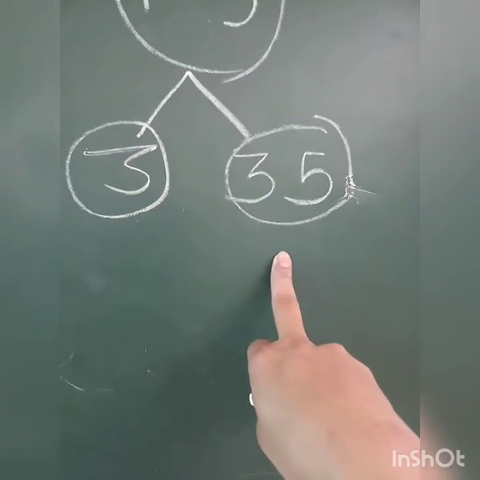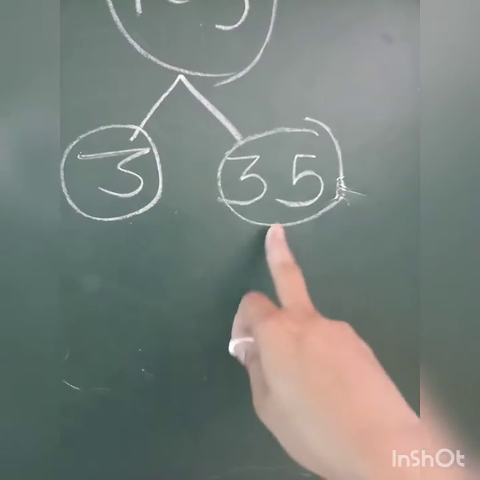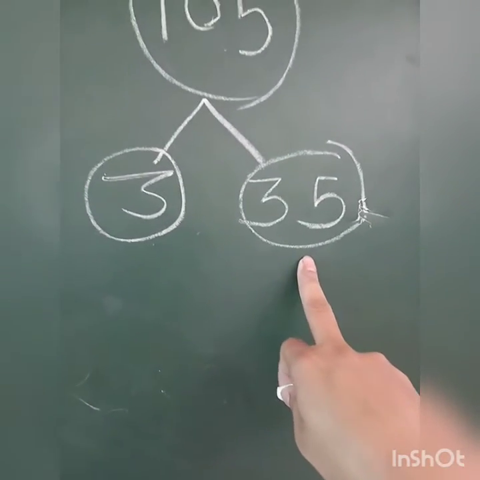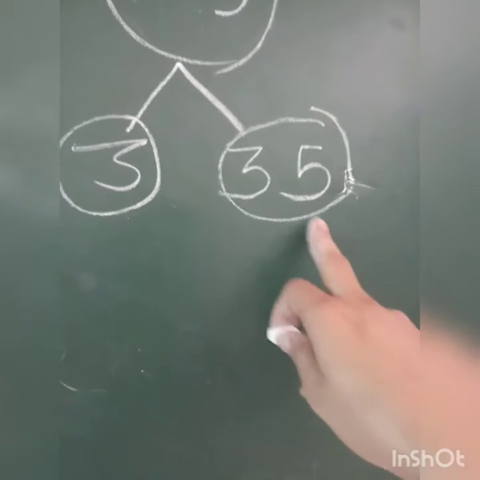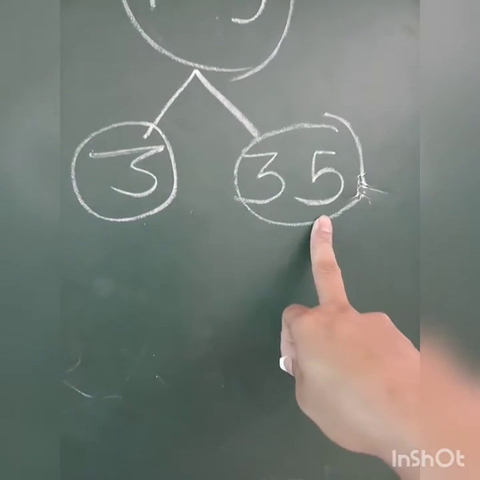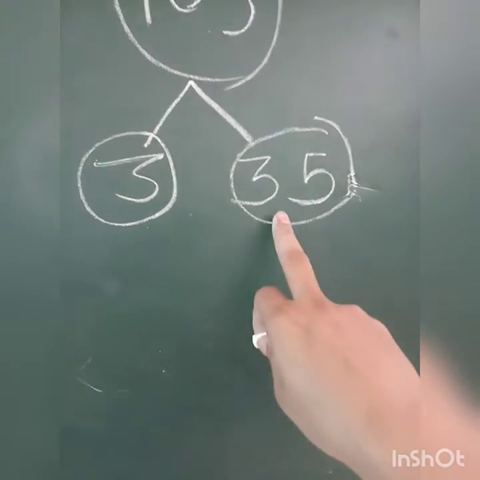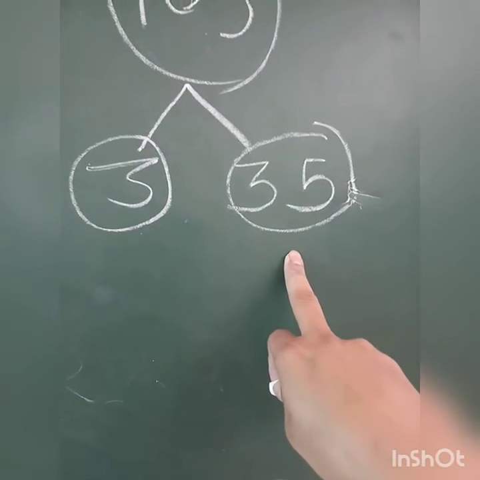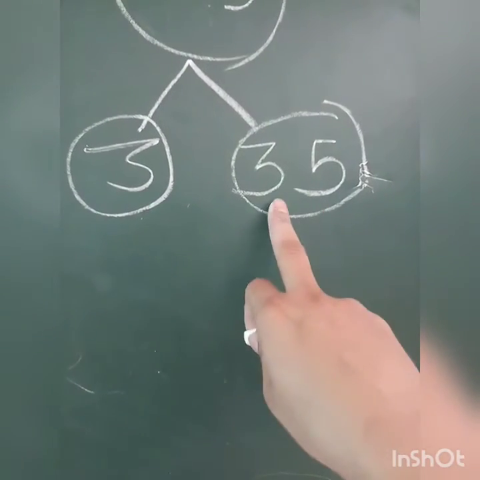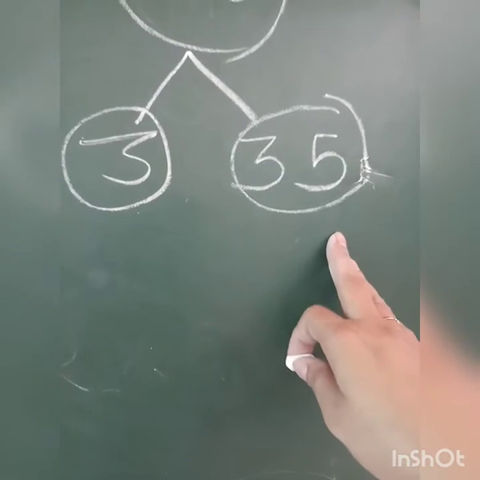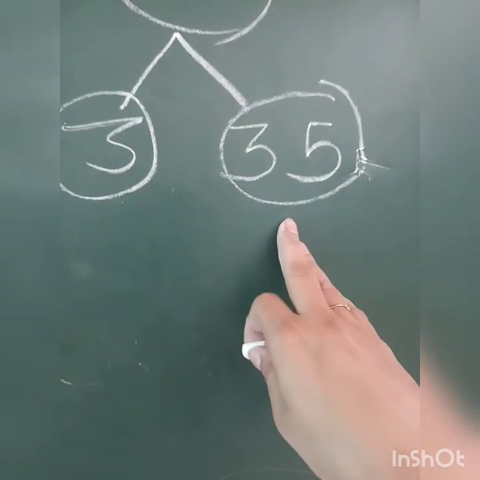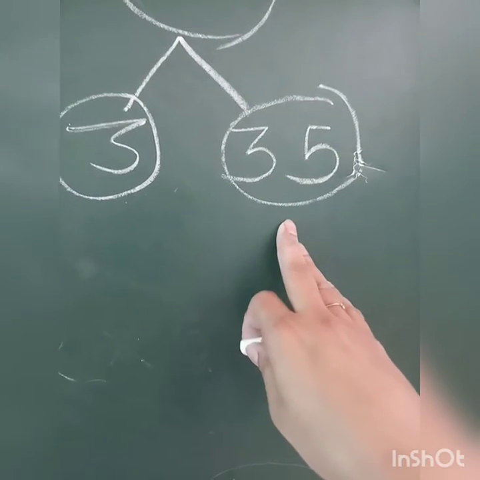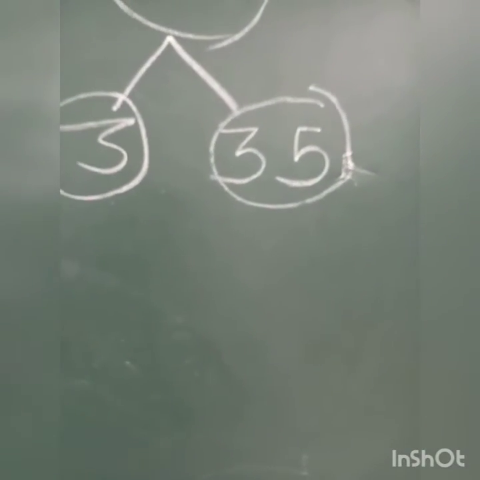Now again we have to check whether this number is divisible by 2, 3 or by which number. Okay, so 5 is given there at ones place, so it would not be divisible by 2. 5 plus 3 is 8, again not divisible by 3. Now we have to find in which number's table this number comes.